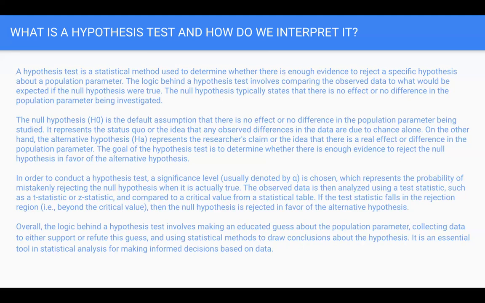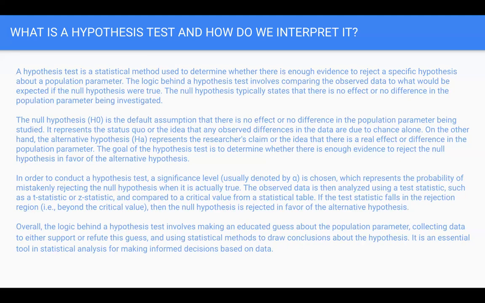In order to conduct a hypothesis test, a significance level is chosen to represent the probability of mistakenly rejecting the null hypothesis when it's actually true. Overall, the logic behind a hypothesis test involves making an educated guess about the population parameter, collecting data to either support or refute that guess, and using statistical methods to draw conclusions about the hypothesis.